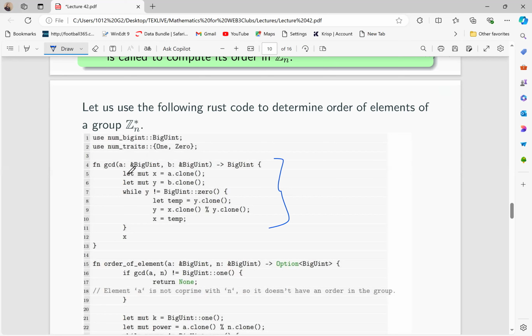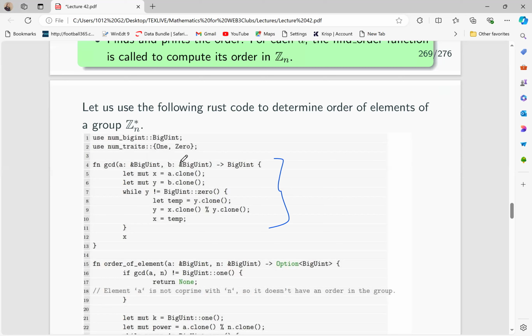You give it two elements, A and B, and it wants to calculate X and Y so that the GCD of A and B is written in terms of X and Y. That is what it's looking for. So first of all, it gets the GCD and then finds the values X and Y, those factors.